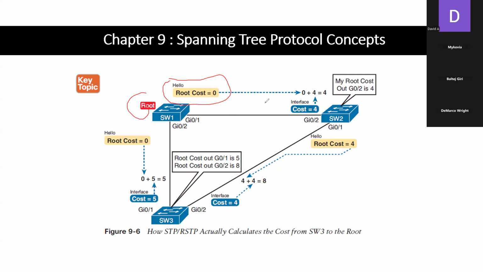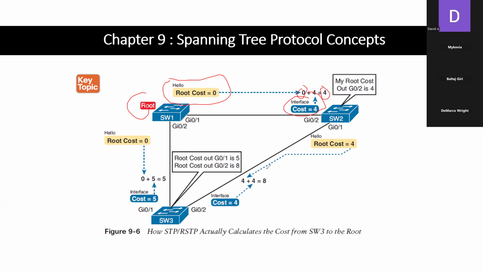In that calculation, it takes the received hello BPDU root cost, the first number, plus its own interface cost to find the cost to reach the root. This link's cost is 4. We'll talk about switch two's root port in a second, but that's how we got that value.